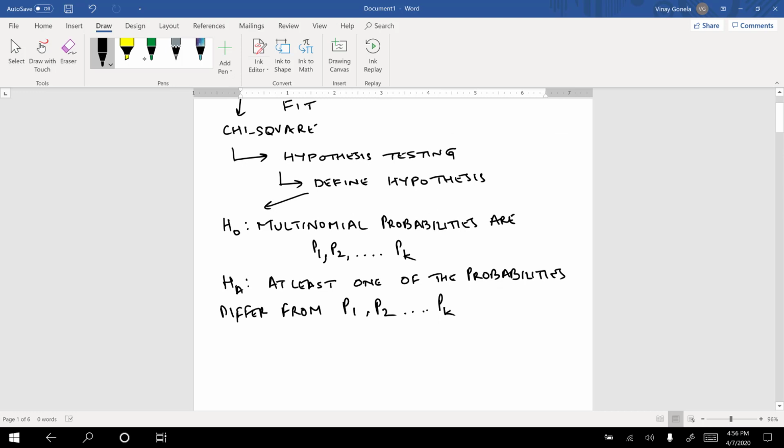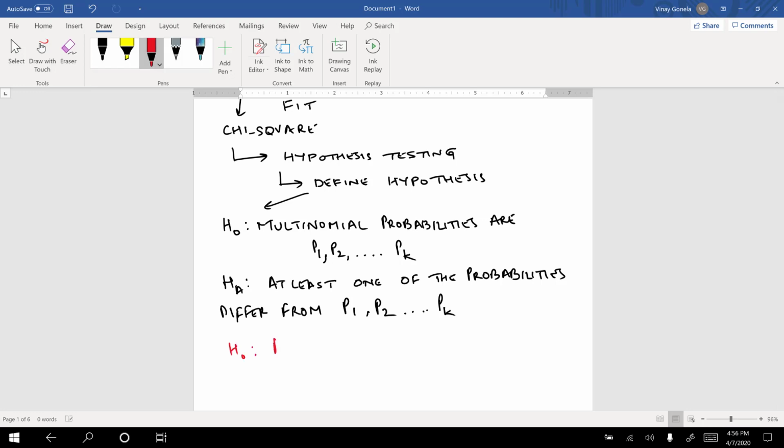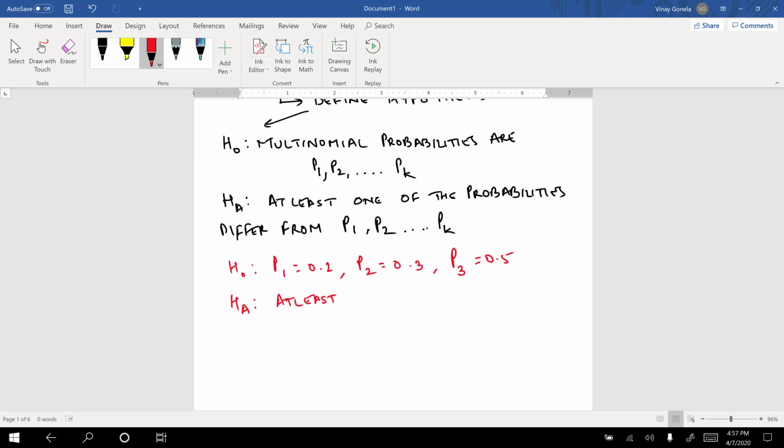What it means is, I will give you an example. Our null hypothesis, if I say the probability of event 1 happening is 0.2, the probability of event 2 happening is 0.3, the probability of event 3 happening is 0.5, then our alternative would be that at least one of the probabilities will differ.